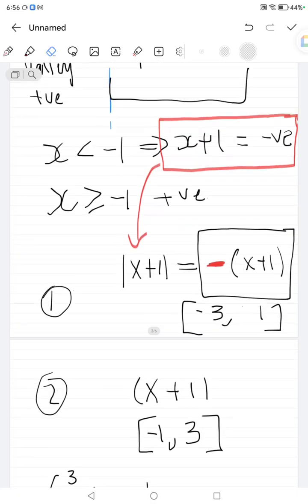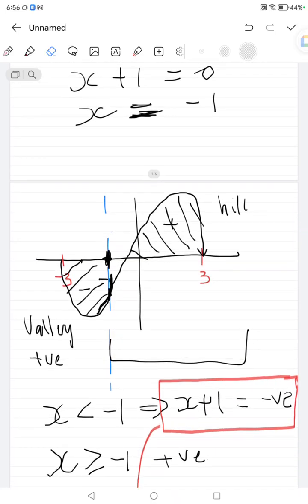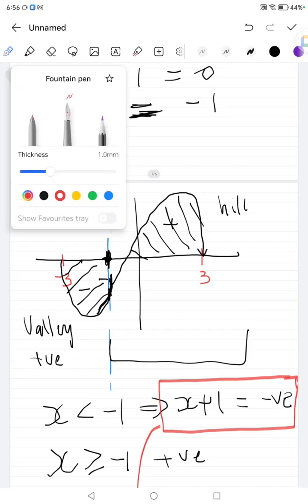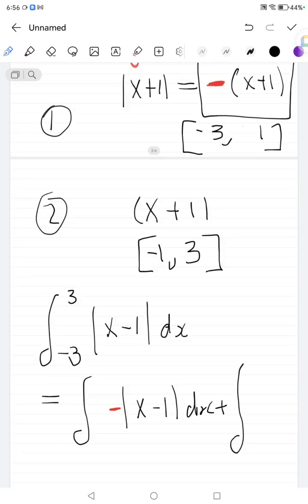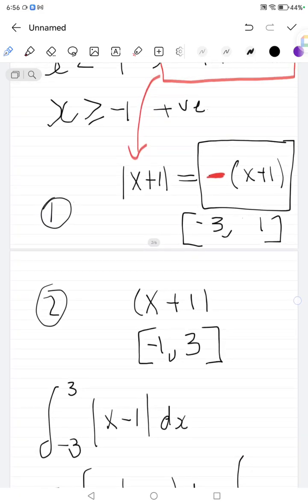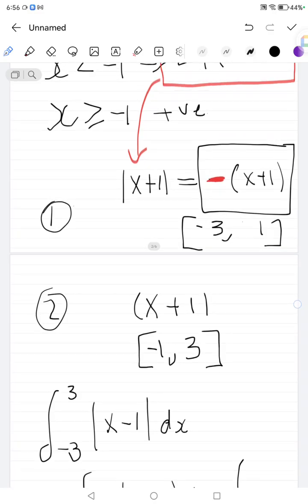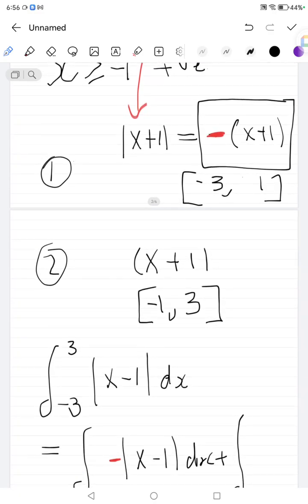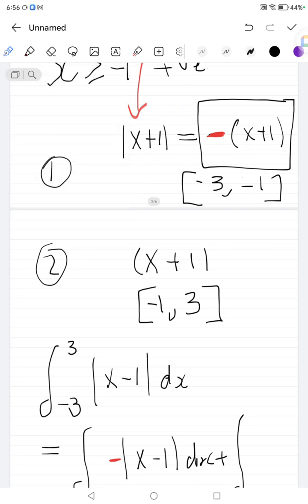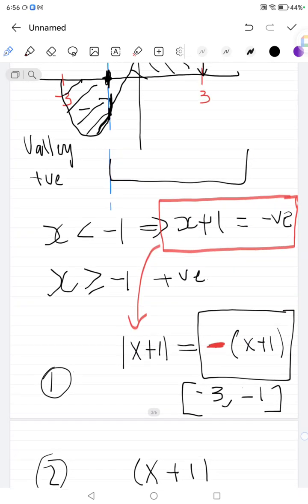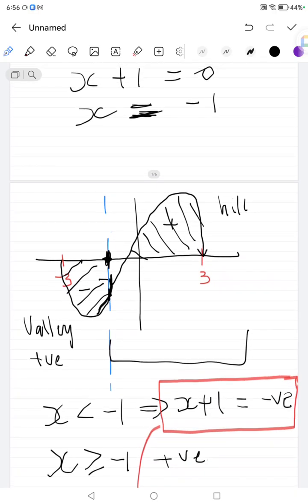Okay, let me quickly relax. We have minus the region, minus 3 to minus 1. Then we have minus. No. We had plus x plus 1. Oh yeah, that one is correct. We're still going to have that minus 1, from what we've solved.